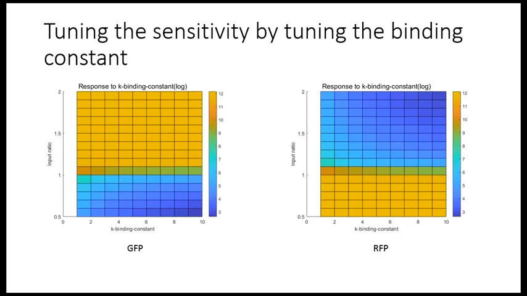Also, we want to check what will happen if we change the binding constant. As we expected before, we can tune the sensitivity by tuning the binding constant.